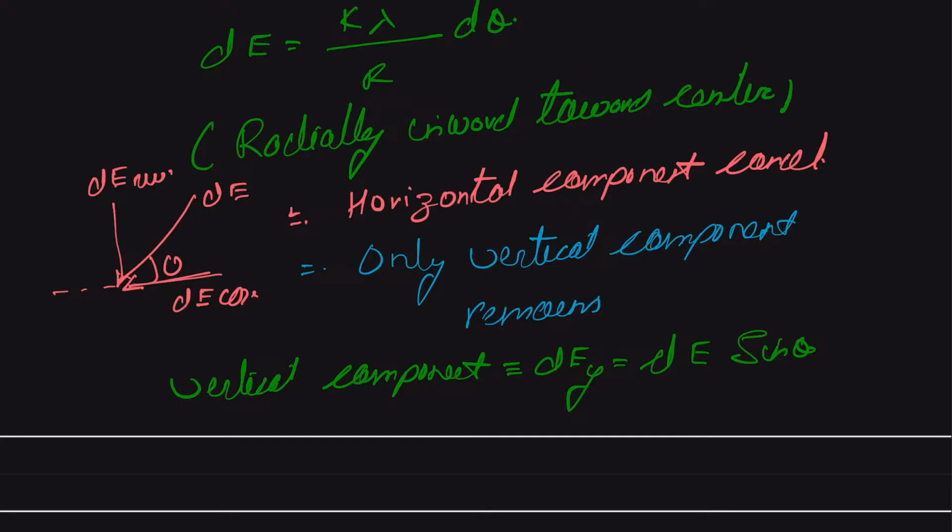Correspondingly there will be another opposite end symmetric to it, and its horizontal component will be balanced by the horizontal component of this one, and the only surviving part will be the vertical component.